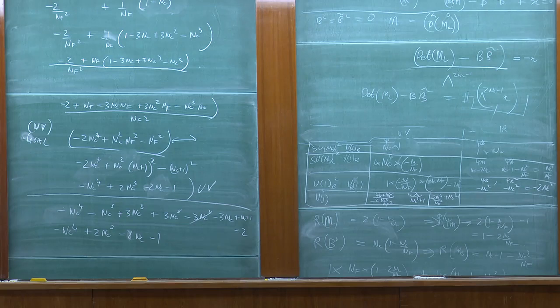But the first row will work without any knowledge of what NF is in terms of NC, right? The first row will work for any general NF. That's correct. The UV always works. UV is a uniform description. No, he means if you keep that symmetry only.